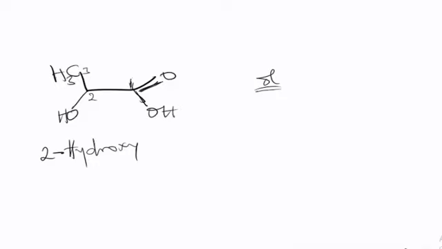And then what chain is this? What organic compound is this? This is 1, 2, 3. That's prop, right? And then this is a carboxylic acid, that's propanoic acid. So I'll go ahead and name this 2-hydroxypropanoic acid.